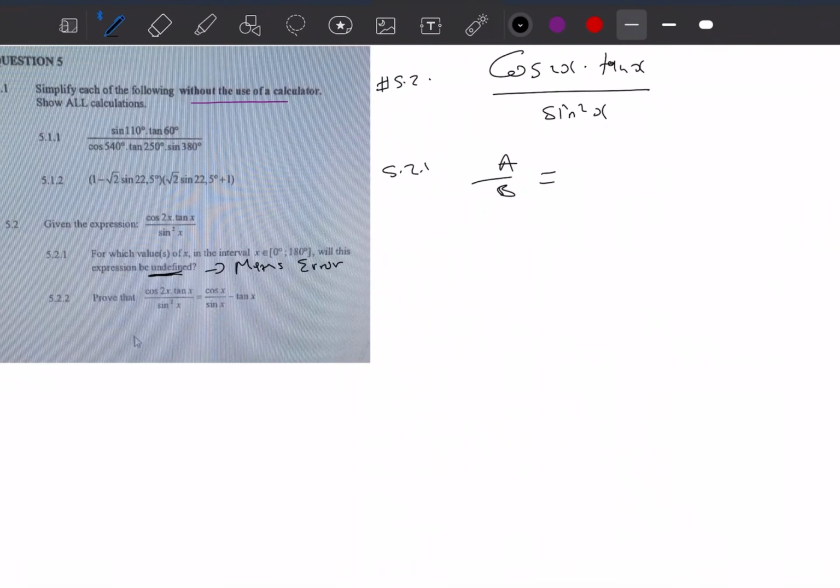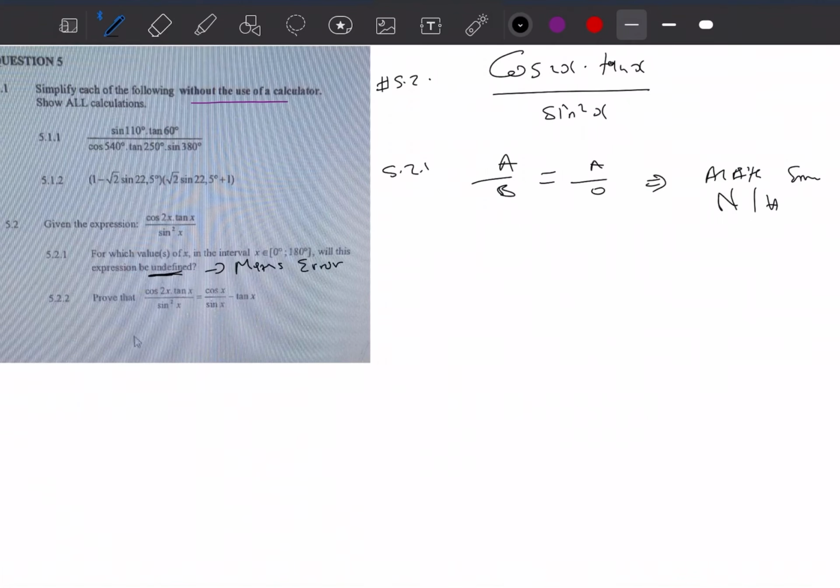So if I have a over 0, I'll get what? The math error. Doesn't matter what a is, which is undefined, not applicable. Doesn't matter what a is. A can be, well, I don't know, 1000 divided by 0. It is going to be math error, undefined.